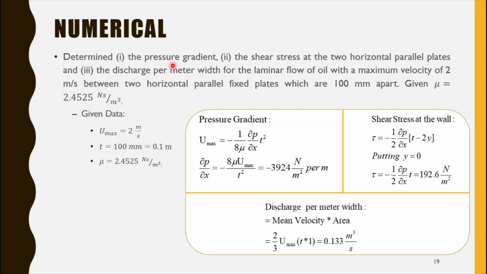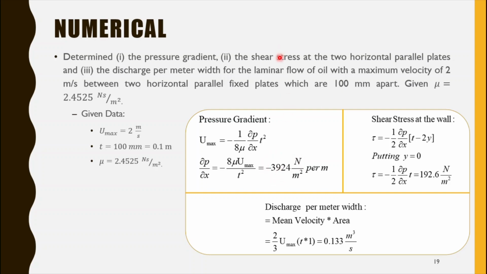Let's find first the pressure gradient. For finding the pressure gradient, let's use the maximum velocity equation, because maximum velocity is given. By rearranging this, we get del P by del X is equal to minus 8 mu U max by T square, and that will give us our pressure gradient.